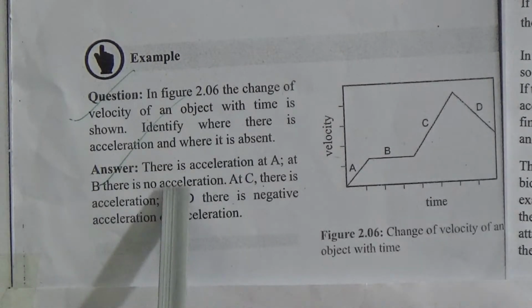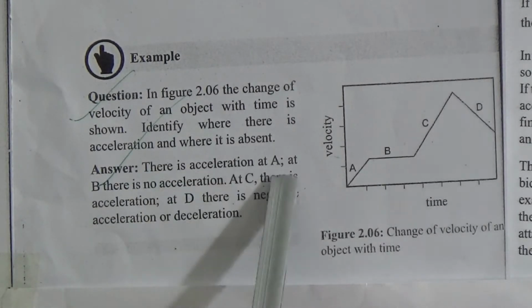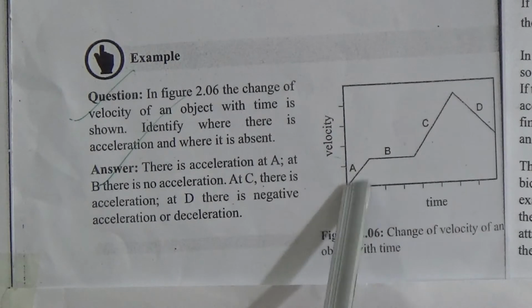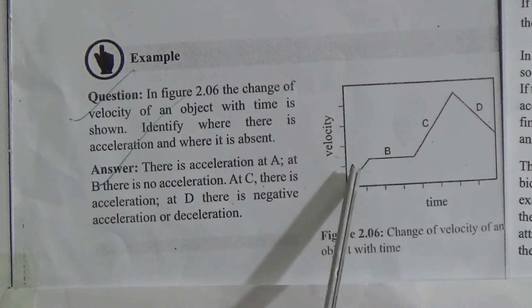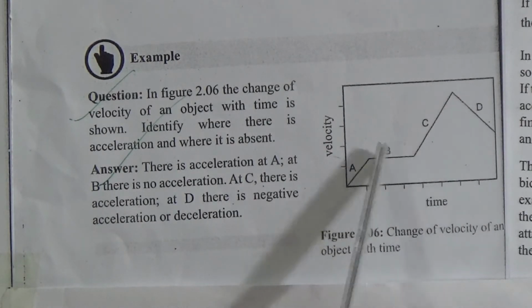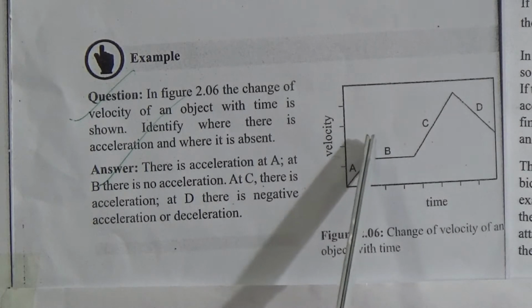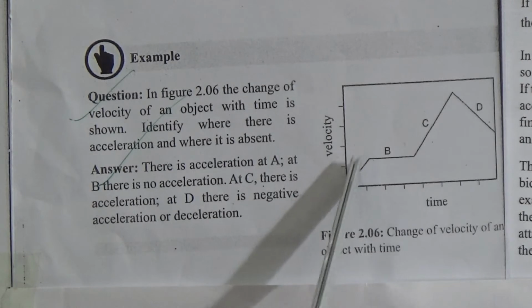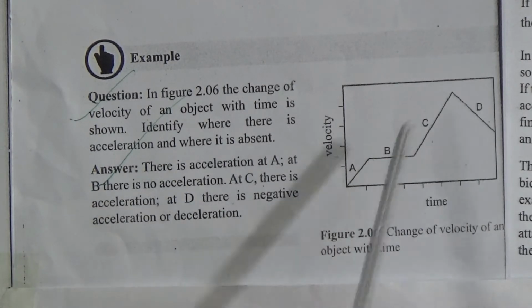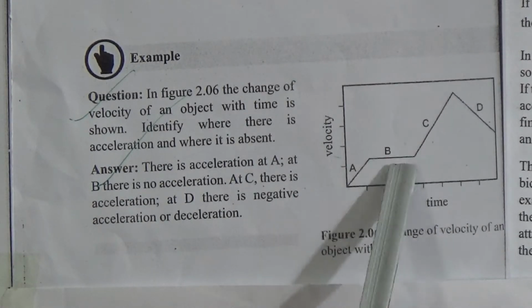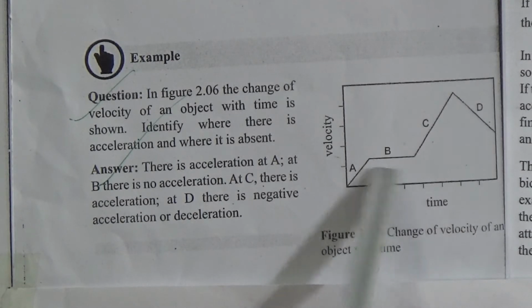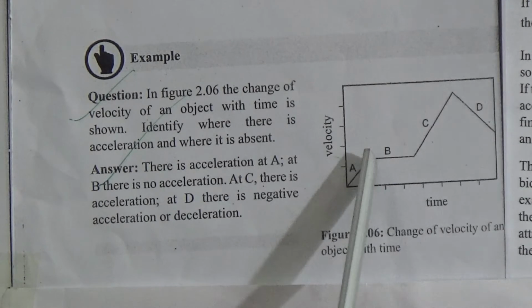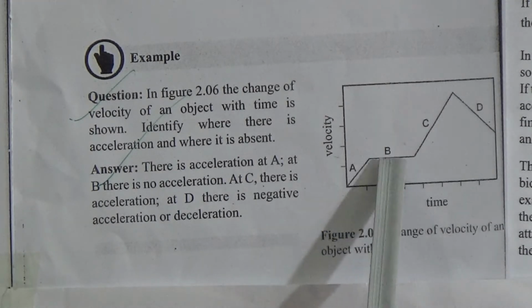The answer to this question is there is acceleration at point A, that means the starting point here, and at point B there is no acceleration, because here is the uniform velocity.